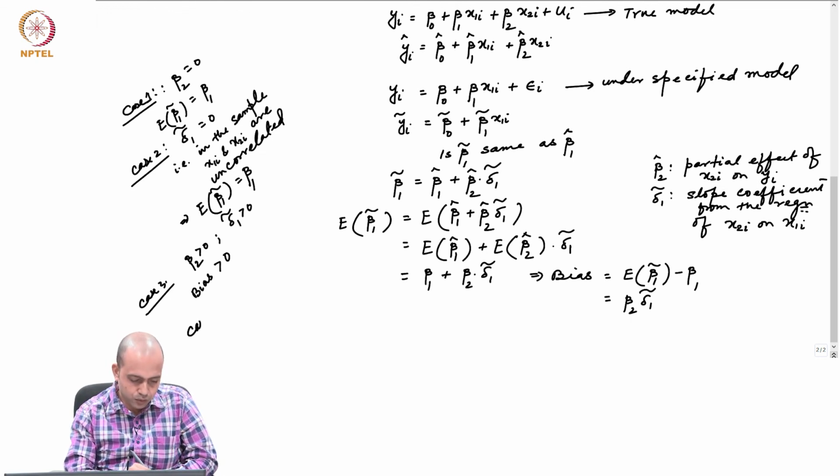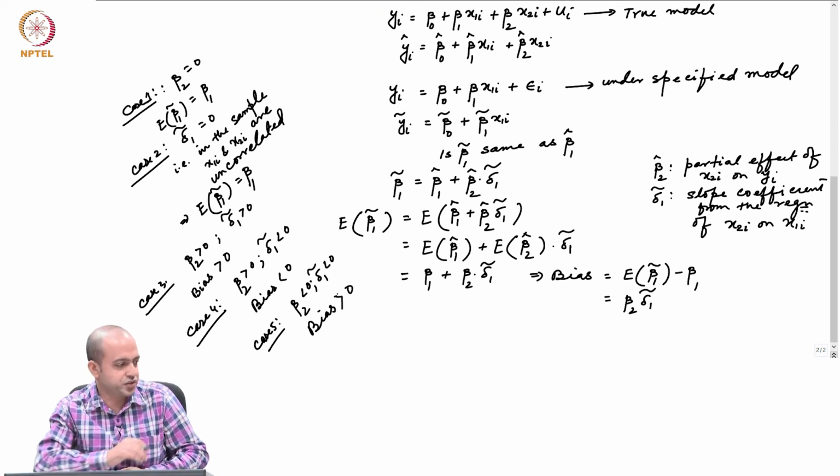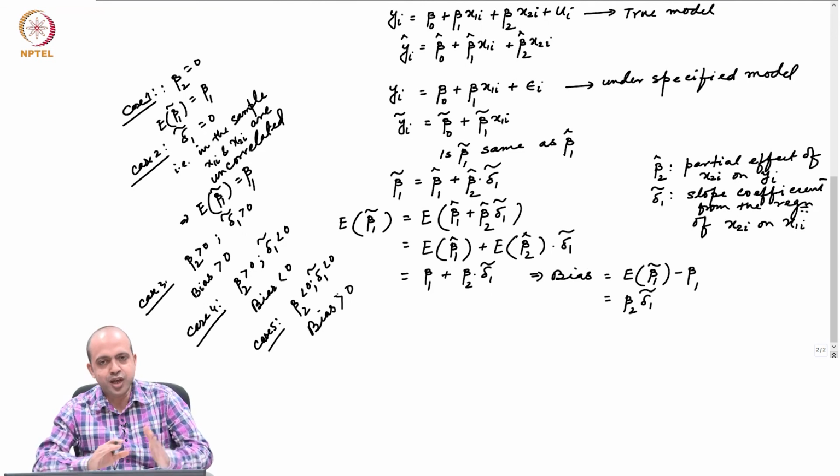Case 4: beta 2 positive but delta 1 tilde negative, then the bias would be negative. And case 5: beta 2 is negative and delta 1 tilde is also negative, so the bias is greater than 0. These are the alternative cases that we can have.